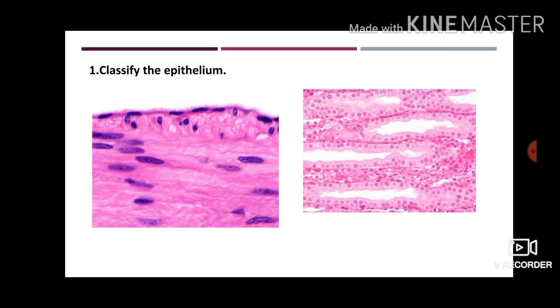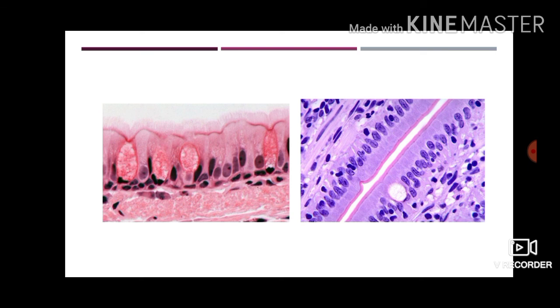So see, these are the particular tissues. Once again, these are the images. You have to find out which kind of tissue each image is related to. Total 4 questions I am giving you. Please take a closer look at these tissues and write down the answer.